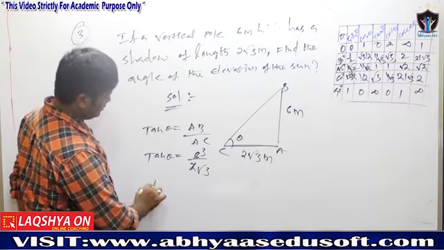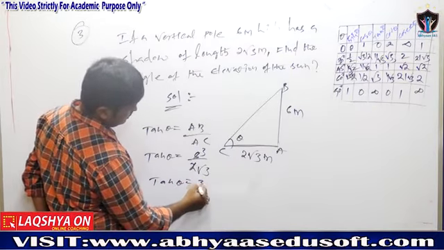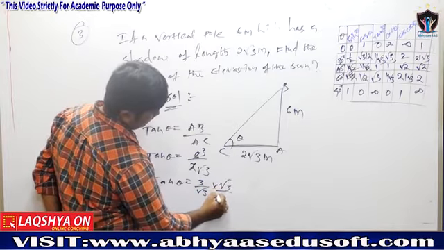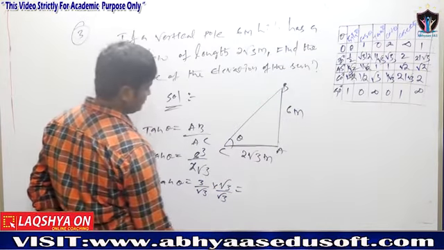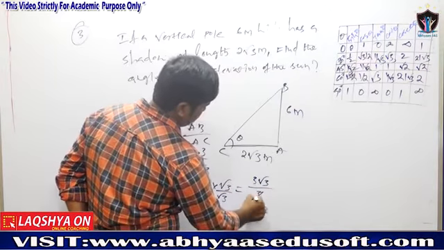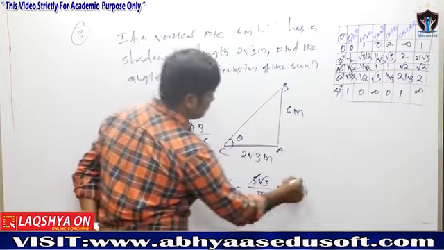Finally tan theta is equal to 3 by root 3. So multiplying by root 3, we get 3 root 3 by 3, then 3 will be cancelled, and we have left root 3.